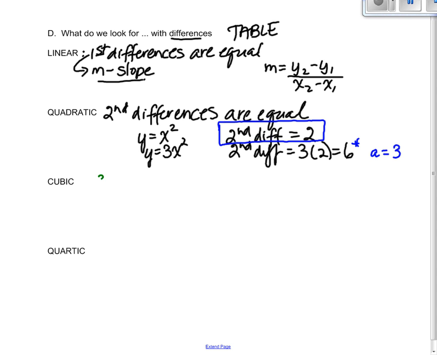For the cubic, we would expect that our third differences are the same. And for our basic cubic, y equals x cubed, our third differences are 6.